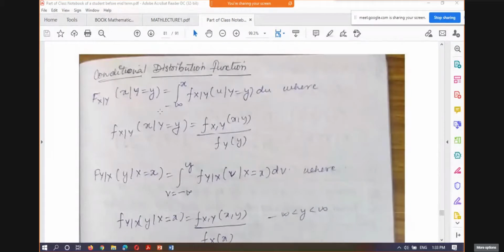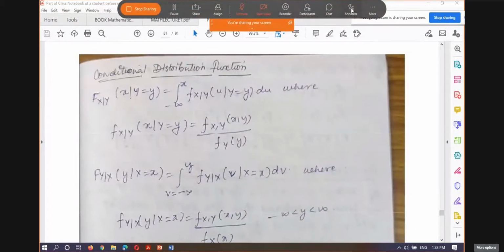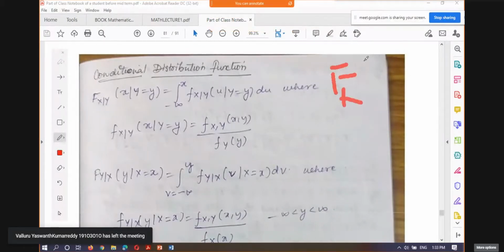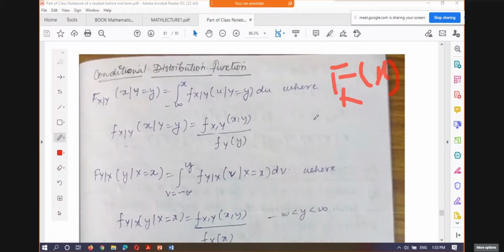Now we talk about the conditional distribution function, or conditional cumulative distribution function. Earlier you know that F x is the notation we use to represent the distribution function of x.